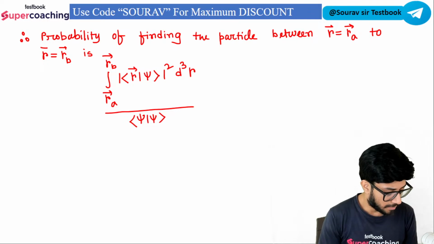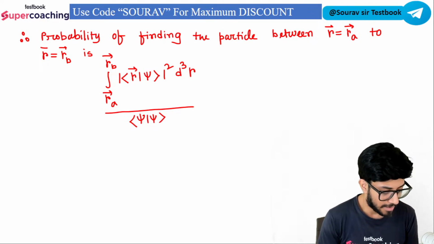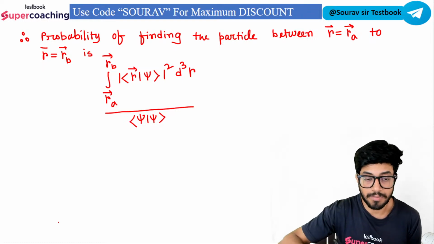Then we can represent the scalar product, the inner product between two state vectors psi and phi. And there is another important thing which we need to state.